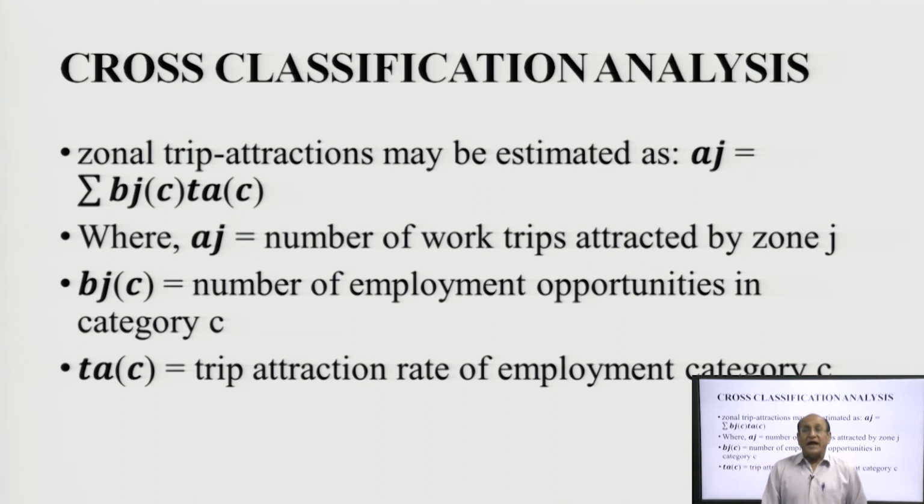The zonal trip attraction may be estimated as Aj is equal to the sum over c of Bj(c) times TA(c), where Aj is the number of work trips attracted by zone j, Bj(c) is equal to the number of employment opportunities in category c, TA(c) is equal to the trip attraction rate of employment in category c.